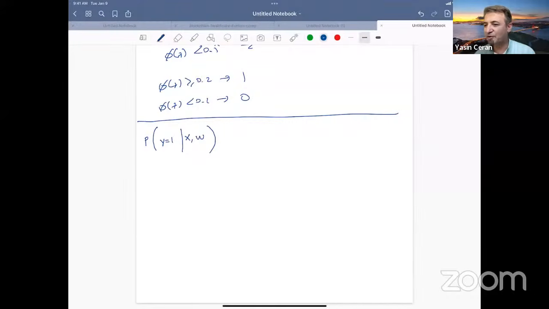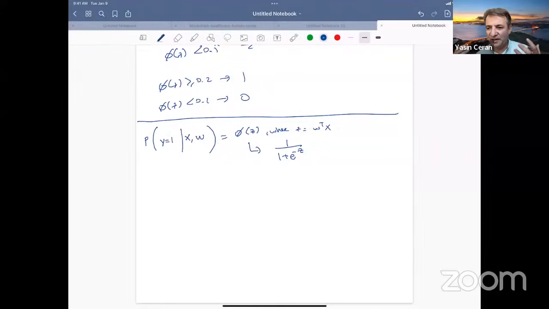So this is actually nothing but phi of Z, where Z is W transpose X. Remember what phi of Z is: 1 over 1 plus e to the power of negative Z. If phi of Z is closer to 1, then the probability that Y is 1 is going to be very high. If phi of Z is 0, the probability that Y is 1 is going to be very low.